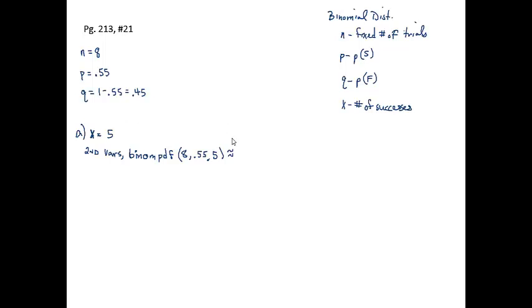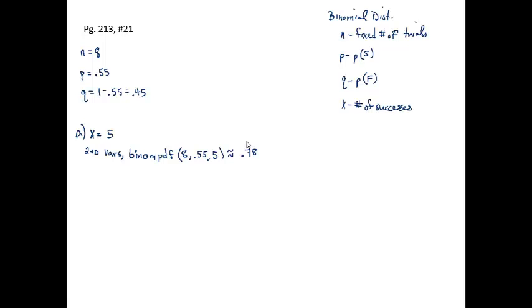If you do that, you would get approximately 0.78. Oh, that's a lie. I did the wrong one. One second. Let's do that again. I was about to say that's too high. 8, 0.55, 5.